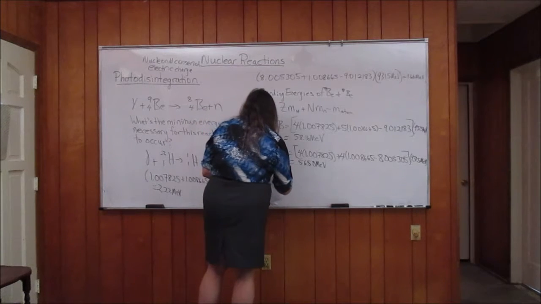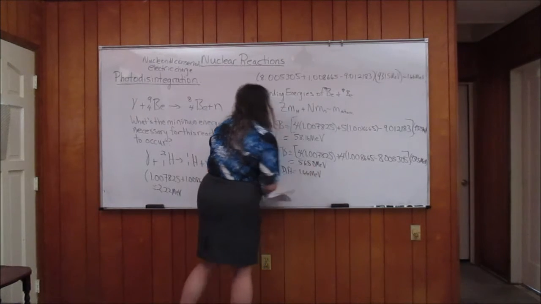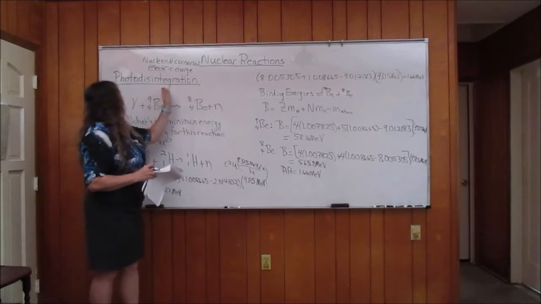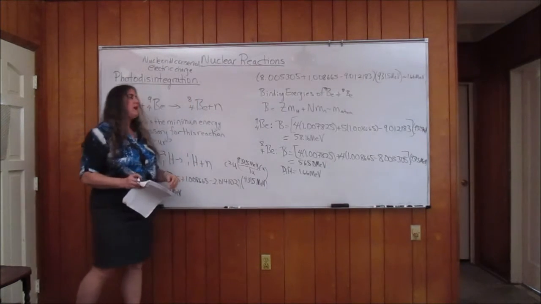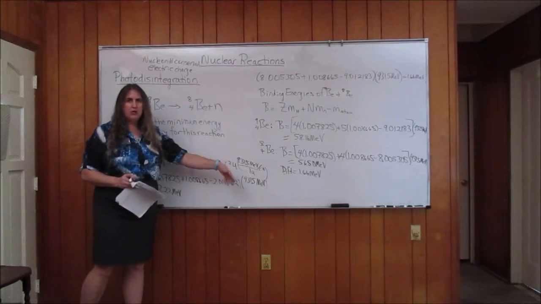And take the difference. It's going to be equal to 1.66 mega electron volts. Okay? So that's photodisintegration, and you would think of it as the amount of energy necessary to tear apart a neutron.